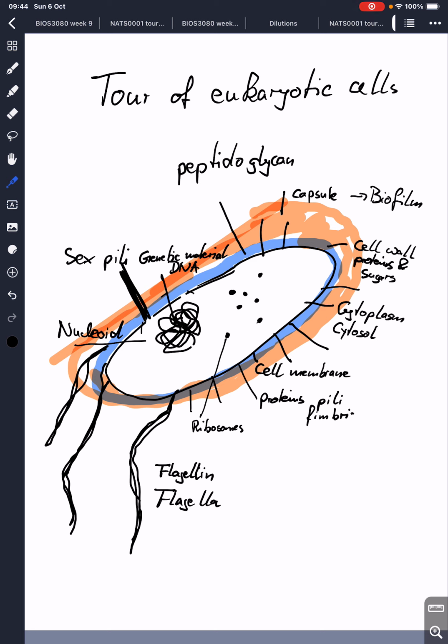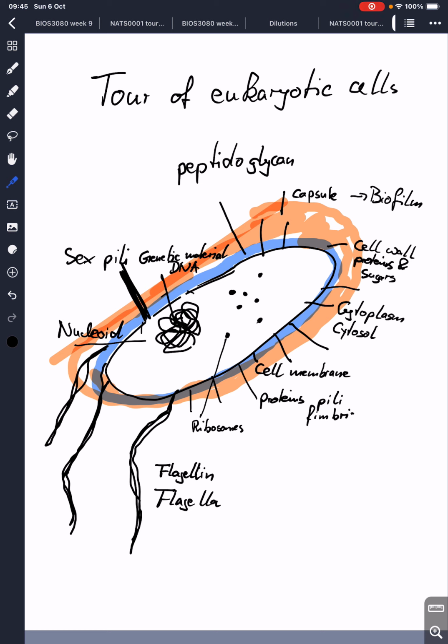So often we find also in typical prokaryotes some hair-like structures. They are made of proteins and they are referred to as pili or fimbriae. And as I said, they are made of proteins, and they very often help the bacteria in the attachment to a surface or, in the case of sex pili, for reproduction.